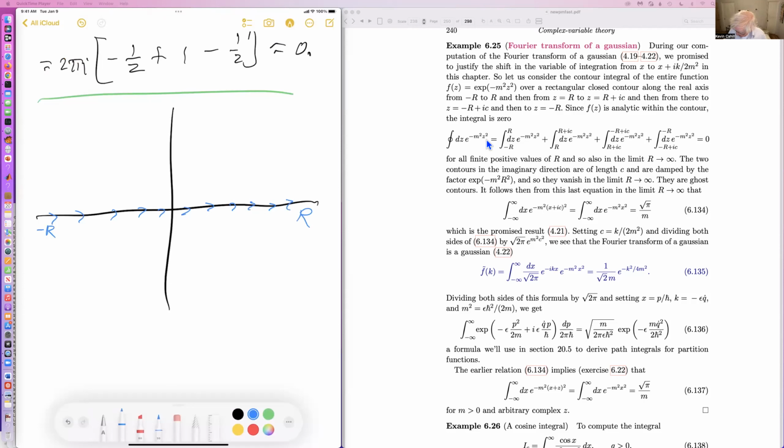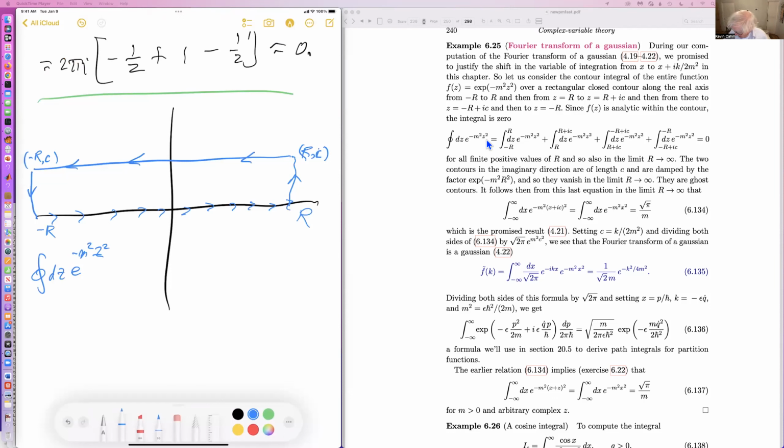And then we go up to some point, this would be then r comma c in Euclidean coordinates. And then we're going to integrate back this way to a point that's minus r, c. And then we're going to integrate down this way. And the integral we're doing, of course, is the integral dz e to the minus m squared z squared.